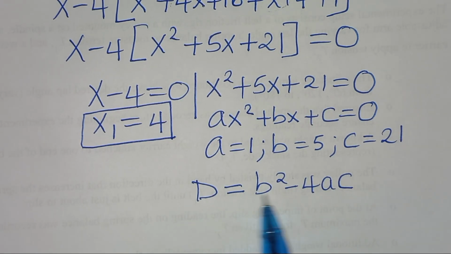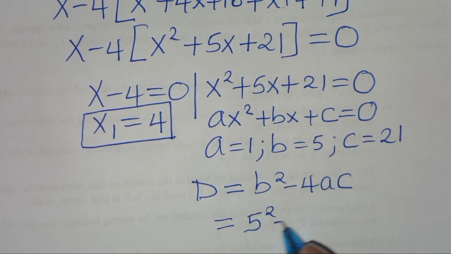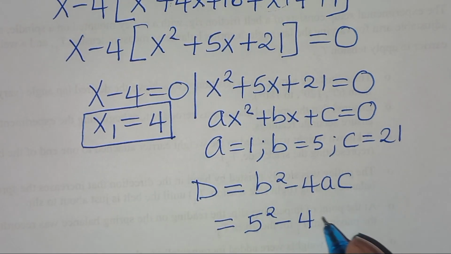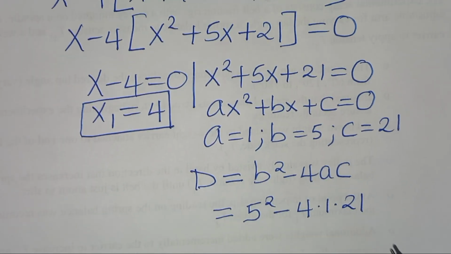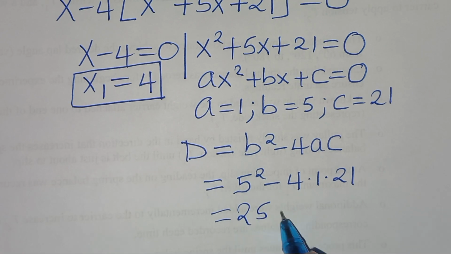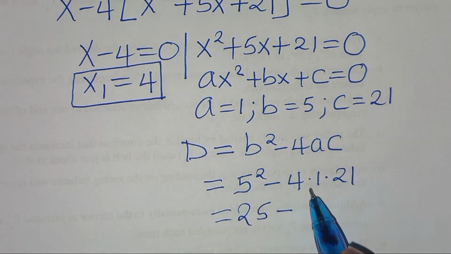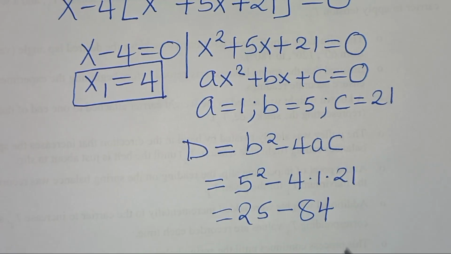So let's substitute the values of a, b, and c so that here we have b squared, this is 5 squared minus 4 times a, which is 1, times c, which is 21. So 5 squared here, this is 25, minus 21 times 4, this is equal to 84.